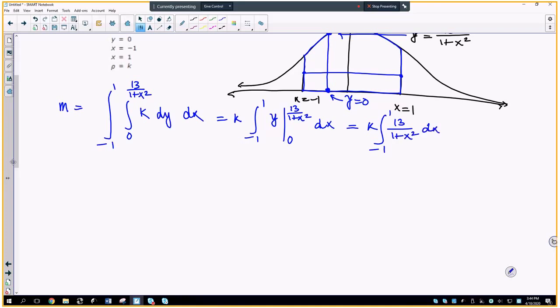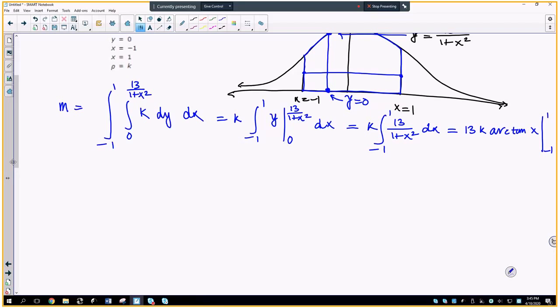And that's a famous integration, anti-derivative formula. This is arctangent. I can pull the 13 out and get 13k, and then integration dx over 1 plus x squared is arctangent of x. And of course, I need to take care of the limits. Arctangent of x from -1 to 1.